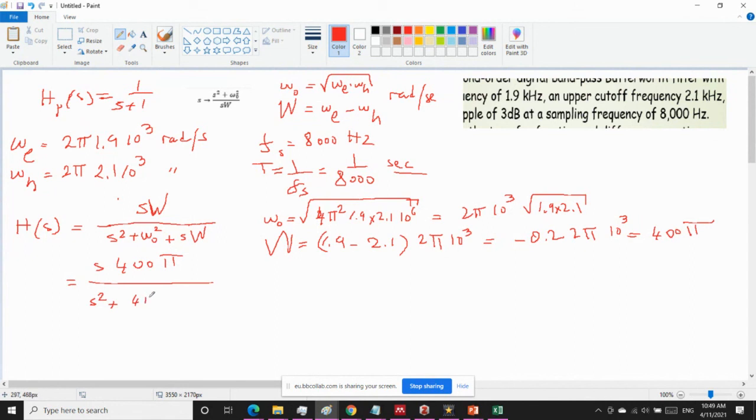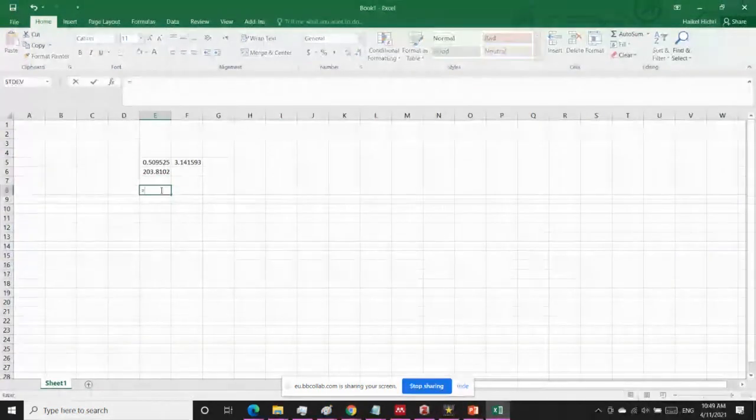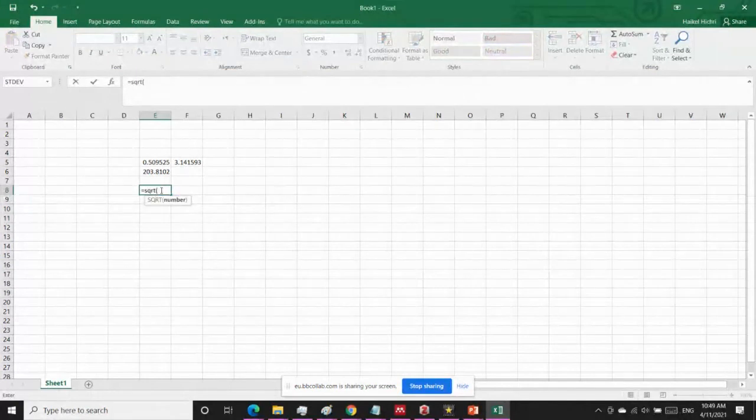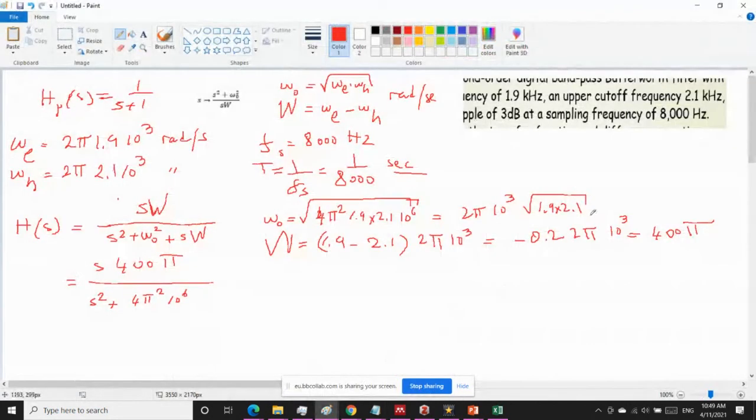So 4 pi squared 10 to the power of 6 times the square root of this thing, which is around 2. So this is around just 2.